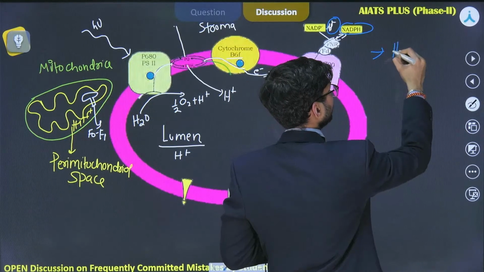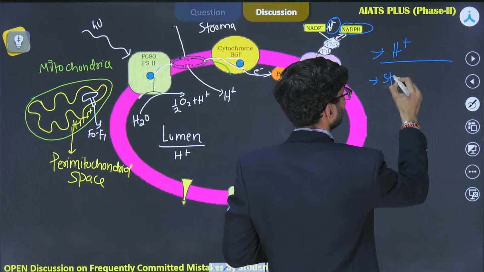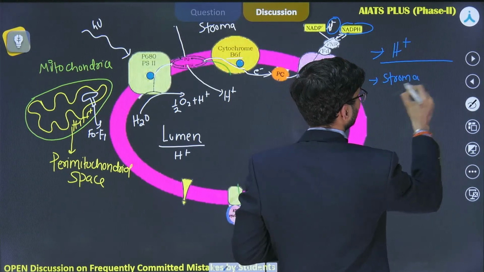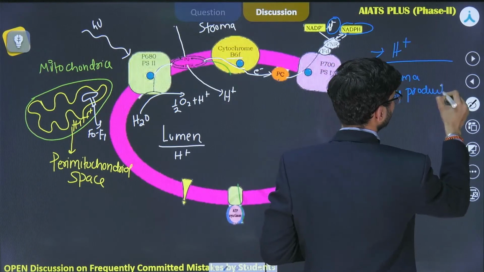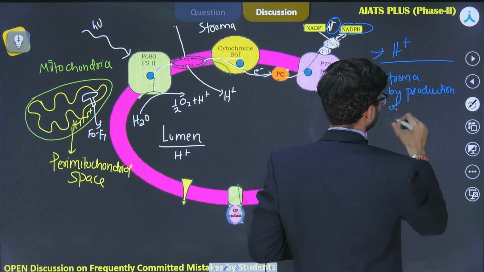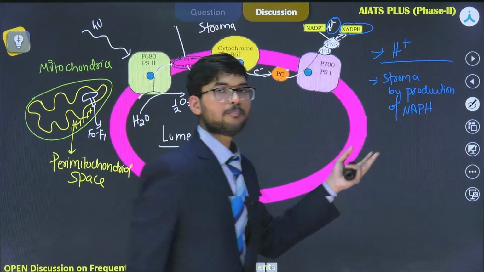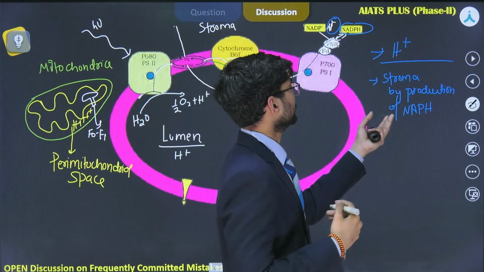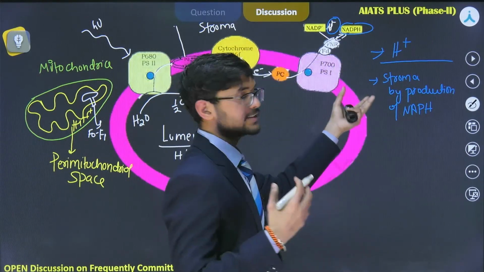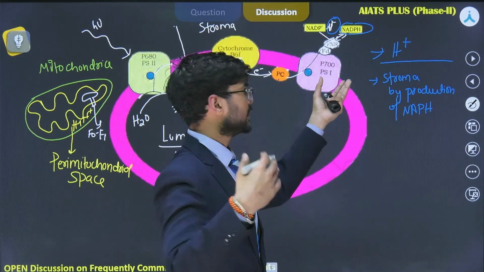So hydrogen is removed from the stroma by the production of NADPH, which is formed by the enzyme called NADP reductase. Which is located on the stroma side of the thylakoid membrane.